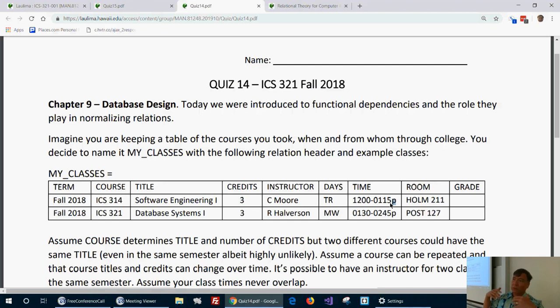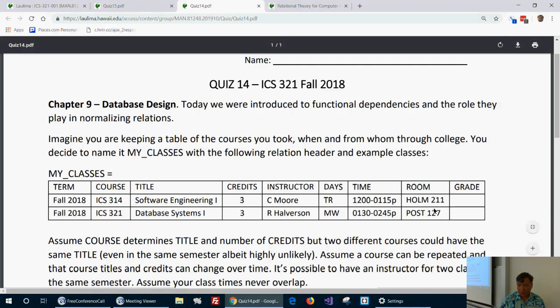You might want to remember that, or it's good when you're starting a new semester and you've got your schedule there in your room. And then after the course is done, you would want to put your grade there.